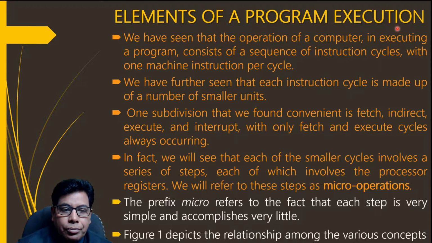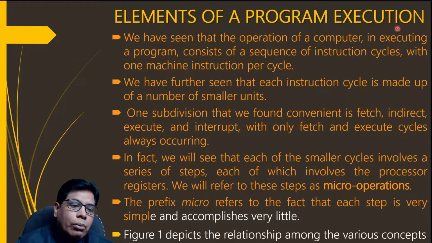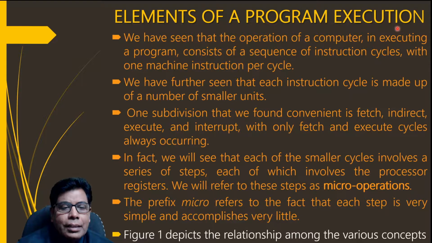So the instructions are executed in steps. We refer to these steps as micro operations. Here the micro refers to the fact that each step is very simple and accomplishes very little. That means only some work is done in that. That's why it is called a micro operation.